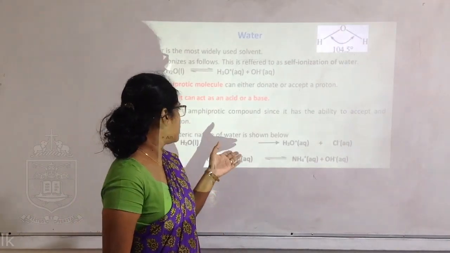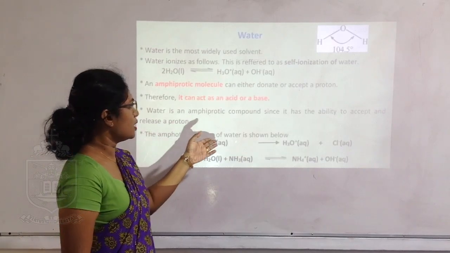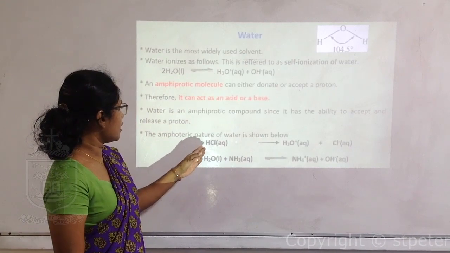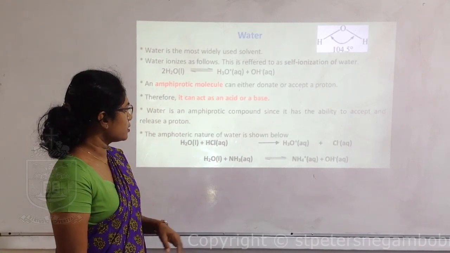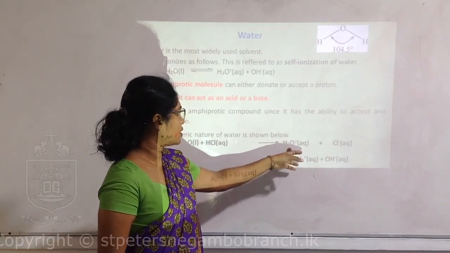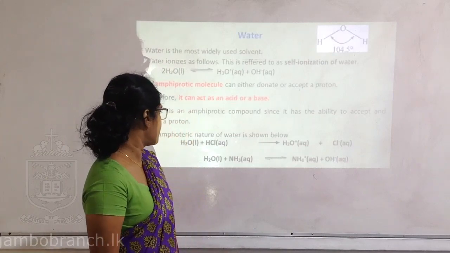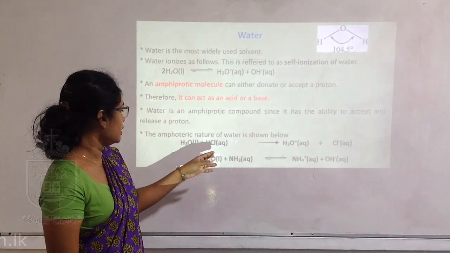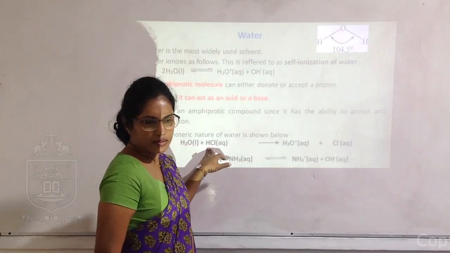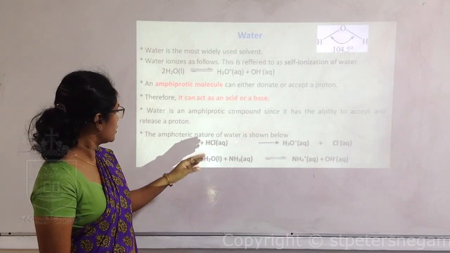Here I have shown you the amphoteric nature of water. When water reacts with HCl, it forms H3O plus aqueous ion and Cl minus aqueous ion, because here it has accepted an H plus ion.